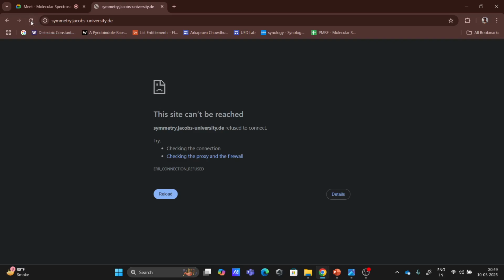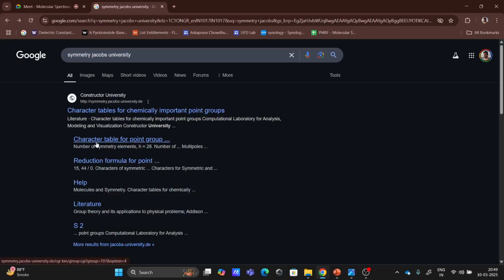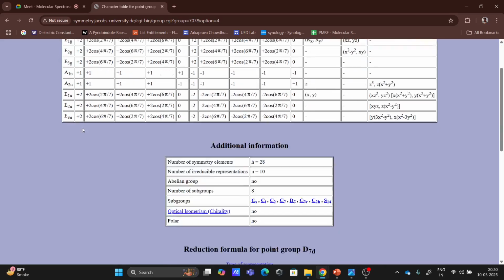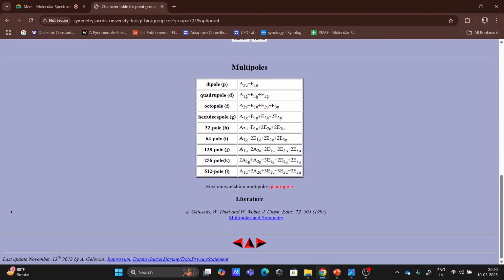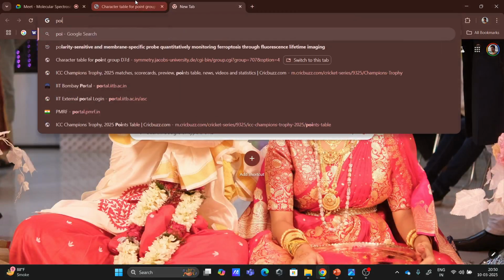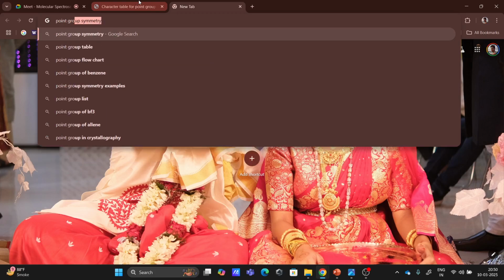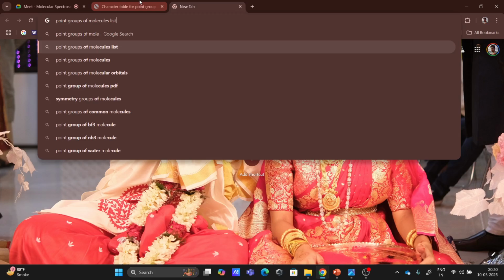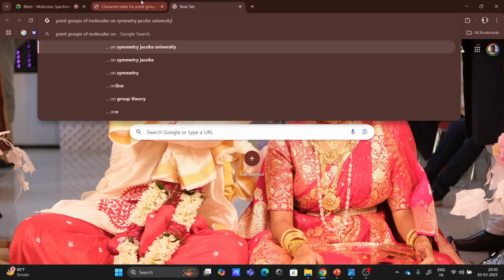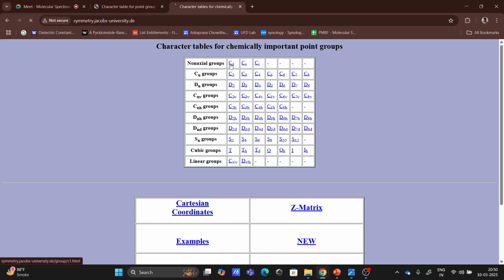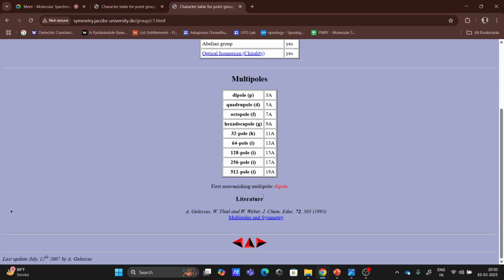Here you can also see an individual molecule and what its point group is going to be. I think there was another website, let me check. I think you are going to get examples also.